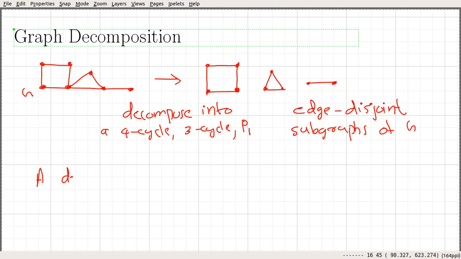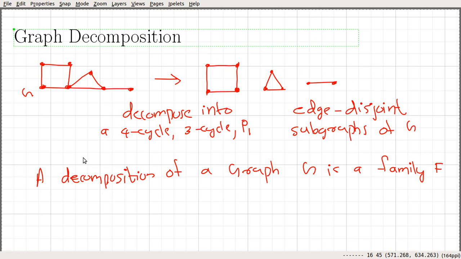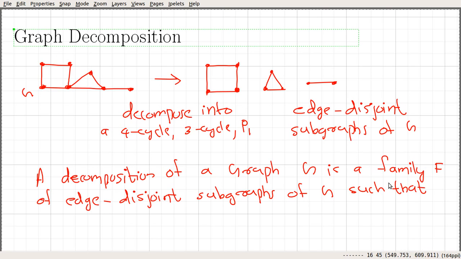A decomposition of a graph G is a family, let's call that family F, of edge disjoint subgraphs of G such that if you take the union of all subgraphs belonging to that family, that is, take the edge set corresponding to each member of the family and take the union, then you must get the edge set corresponding to the original graph.